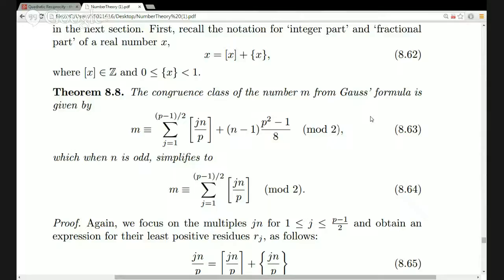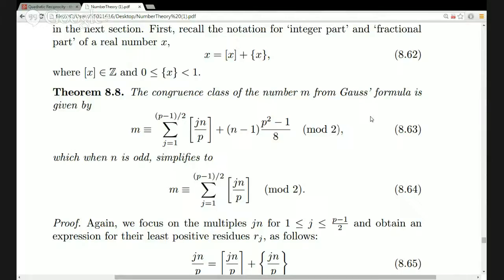So this will be even times this. So this will give you 0 modulo 2. And for considering quadratic reciprocity, we will be applying this formula in the case where n is another odd prime. So we will be able to use this simpler form of the formula here.